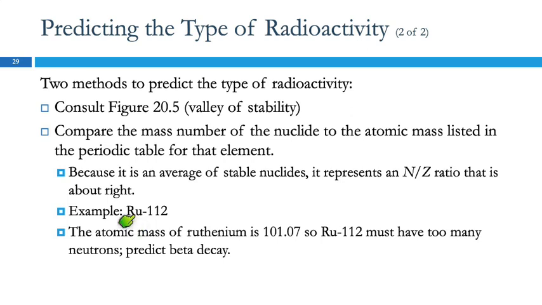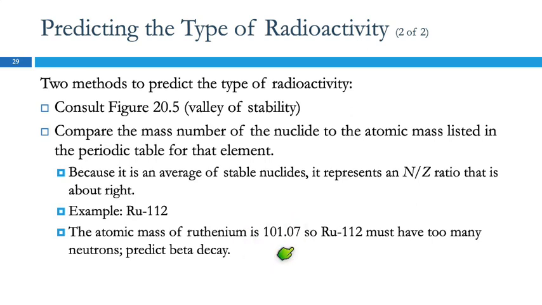This isotope has a mass of 112. That's a lot higher, right? It's still ruthenium. All ruthenium atoms have 44 protons. So that tells me that this guy has too many neutrons, right?